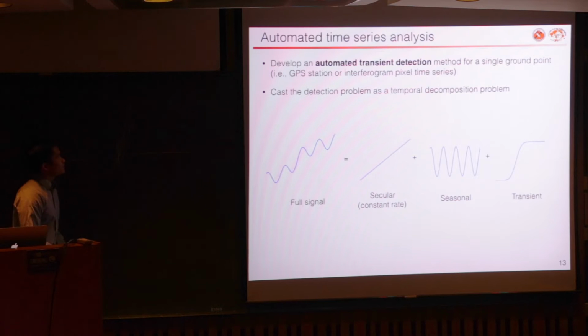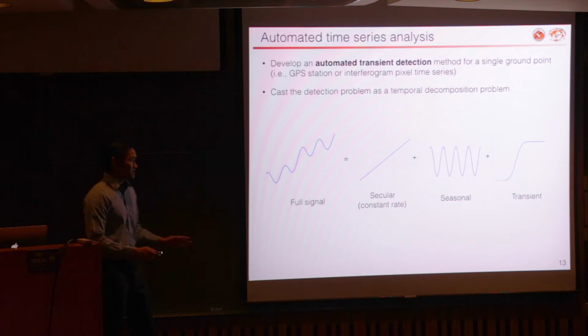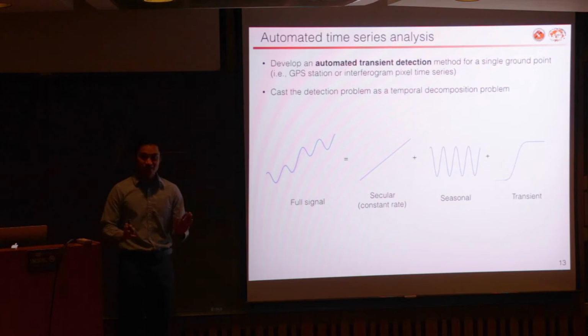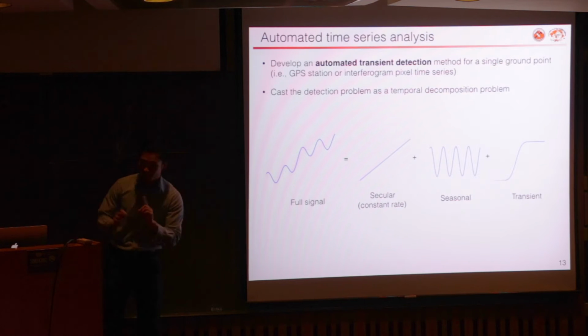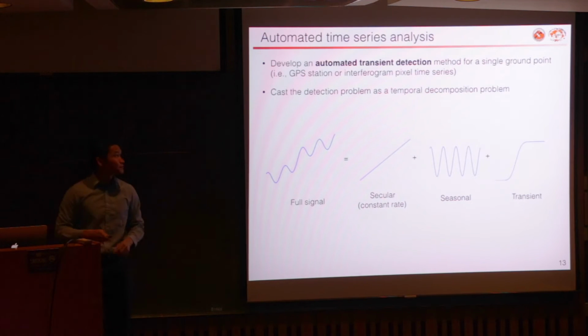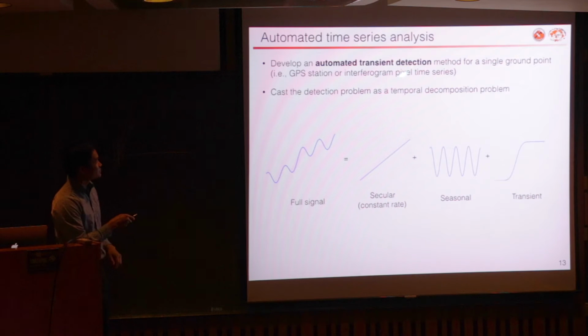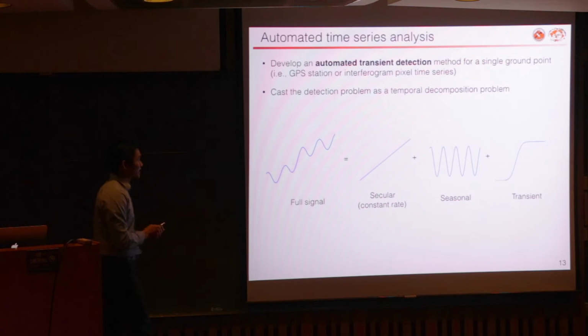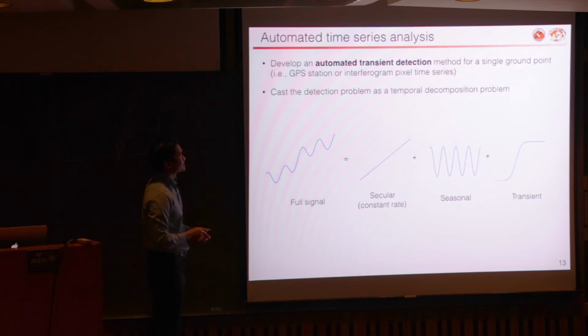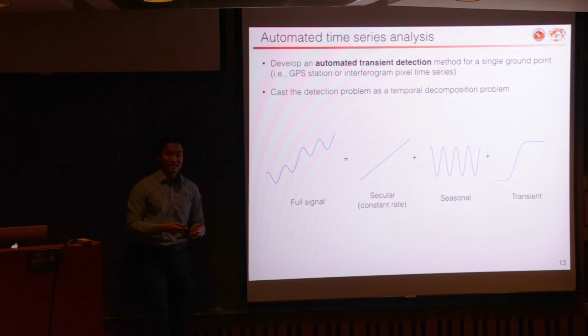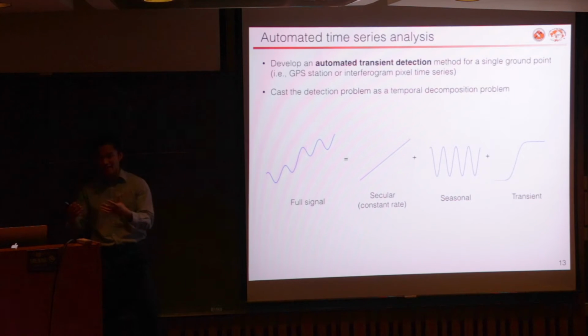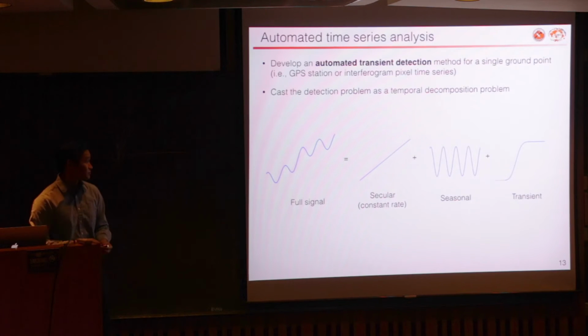So to develop an automated time series analysis, we first approach a single time series for one station. We don't know where it is, we just have a time series. And we want to develop an automated transient detection method for this time series. And what we do is we cast the detection problem basically as a temporal decomposition problem. Can we decompose a time series into its main constituents?